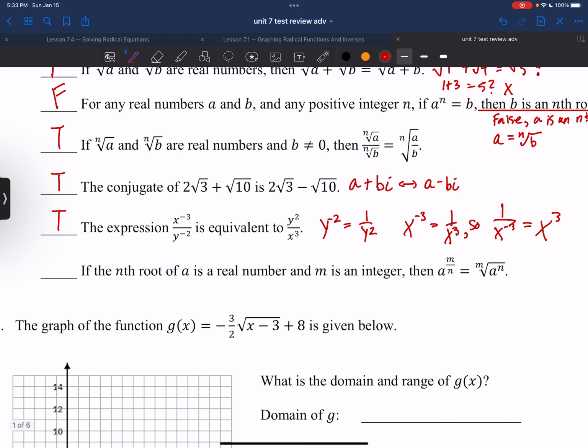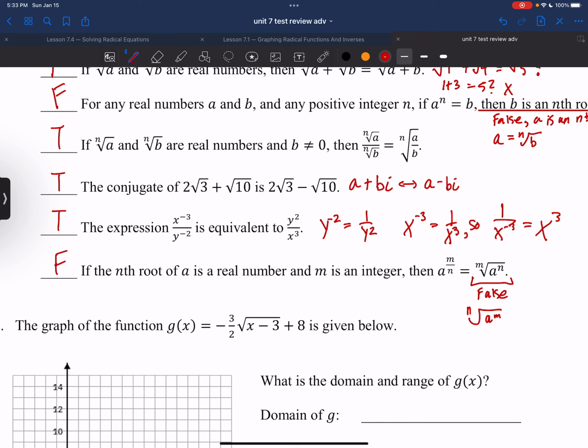Okay, last one. If the nth root of a is a real number and m is an integer, then a to the power of m over n is the mth root of a to the n. Oh, that's backwards. False. It should be the nth root of a to the m. So this one is false.